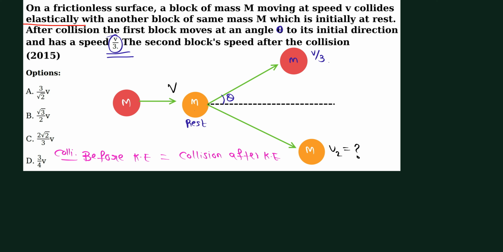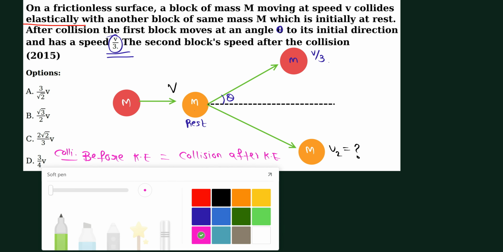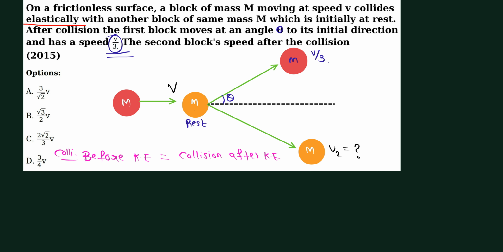What is the formula for kinetic energy before collision? It is half m v square for the first block, which is moving with the velocity v. The second block is at rest, and for the resting block the kinetic energy is 0.